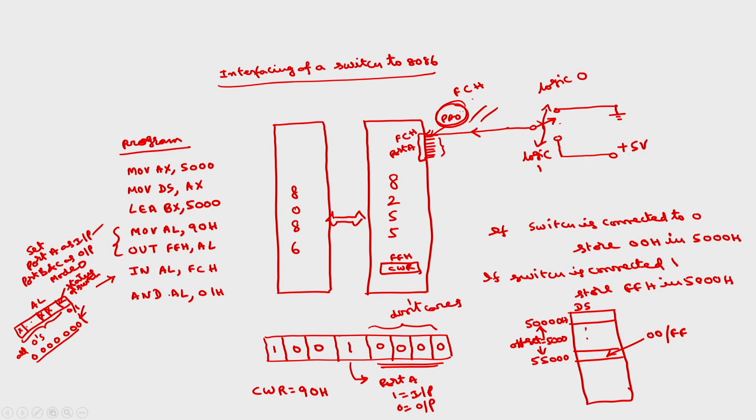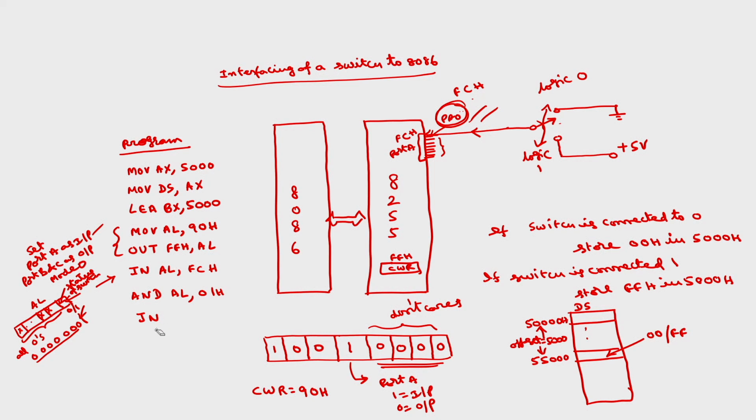After this AND operation, if the result in AL is 0, the switch position is 0. If the result in AL is non-zero, because the remaining 7 bits are zeros, the switch is connected to logic 1. After ANDing, use jump not zero (JNZ).